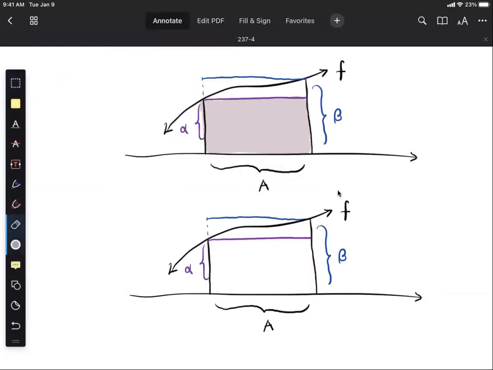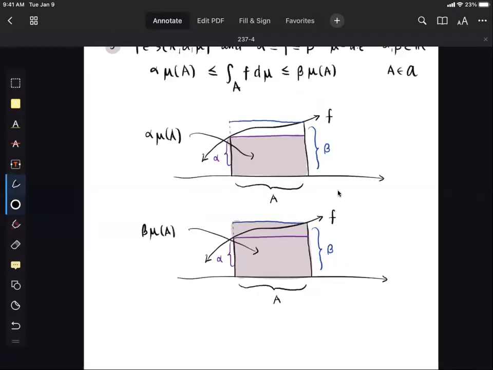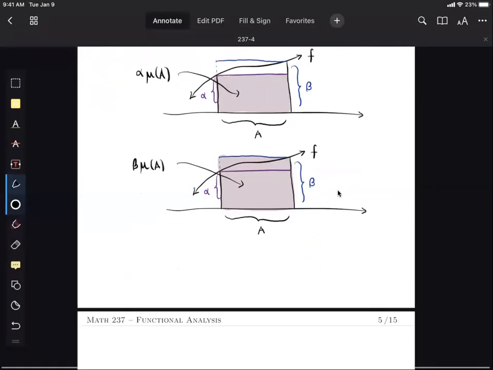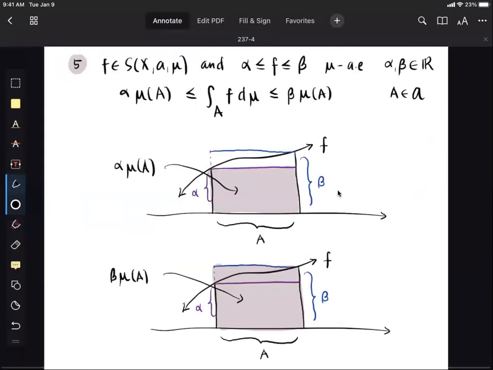On the other hand, this would be the upper bound. So again, this region here is alpha times mu of A. The area of this region here would be beta times mu of A. So the area under the curve would be between these two regions.